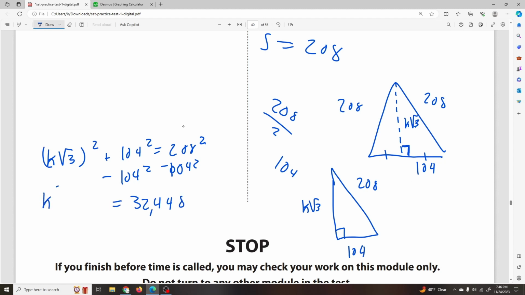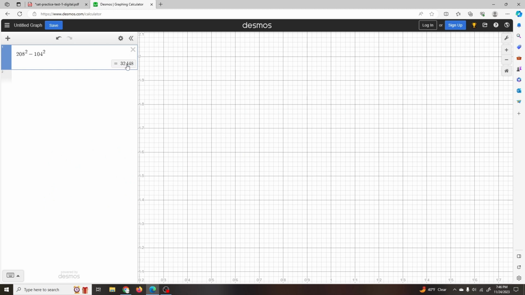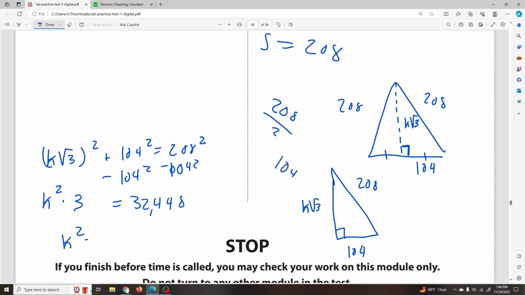It's the same thing as saying k squared times 9. Oh, sorry, k squared times 3. So here, let's just divide this by 3. Copy and paste that. Control C, Control V. This divided by 3. This is equal to this number. So we know that k squared is equal to 10816. Now we just have to find radical k.